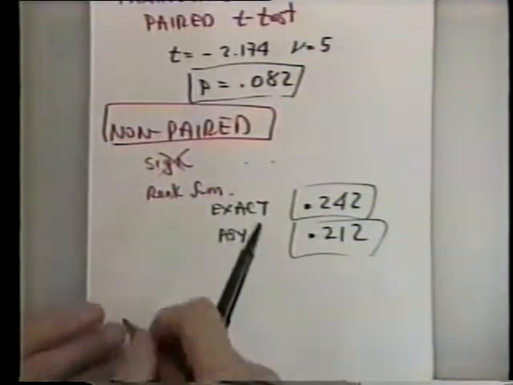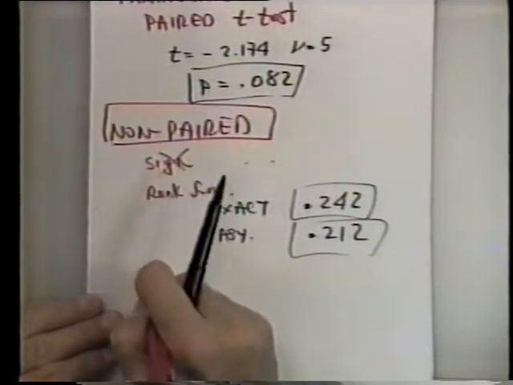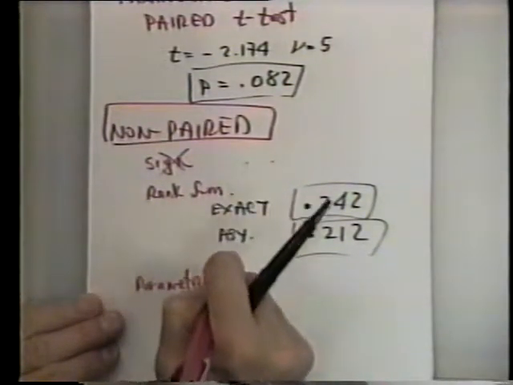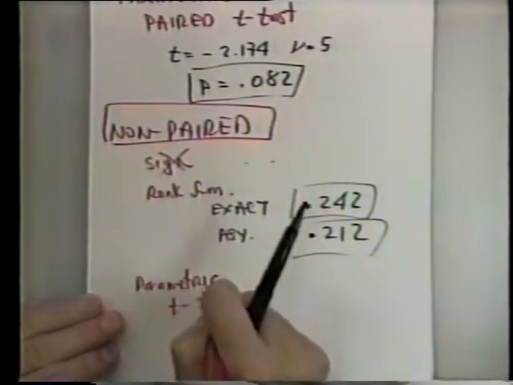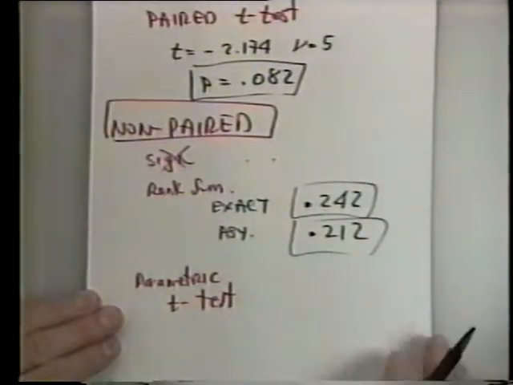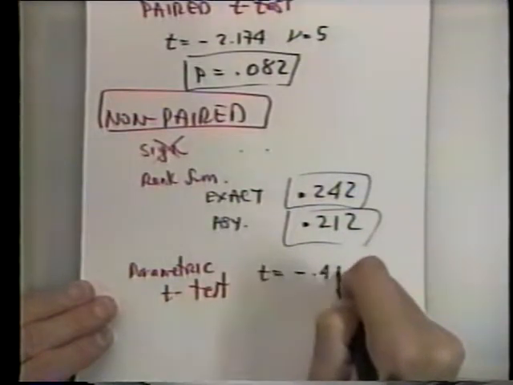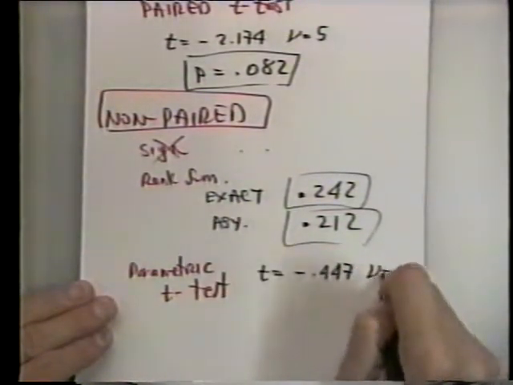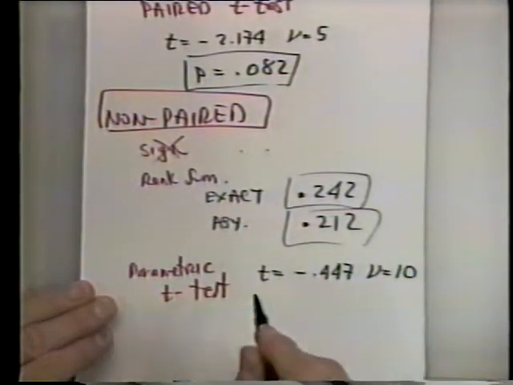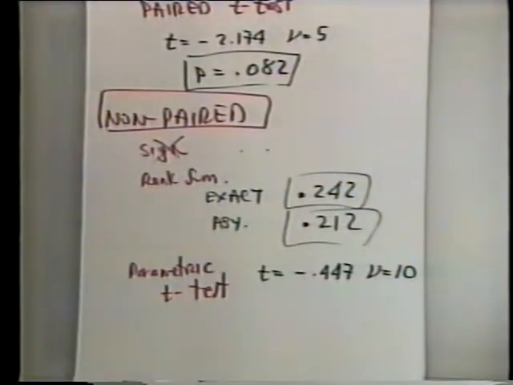And I can also do a parametric test, so I'll do a parametric unpaired t-test. When I calculate, in this case, t equals minus 0.447 for the unpaired test. Nu equals 10. Why is it 10? It's 12 minus 2, right?